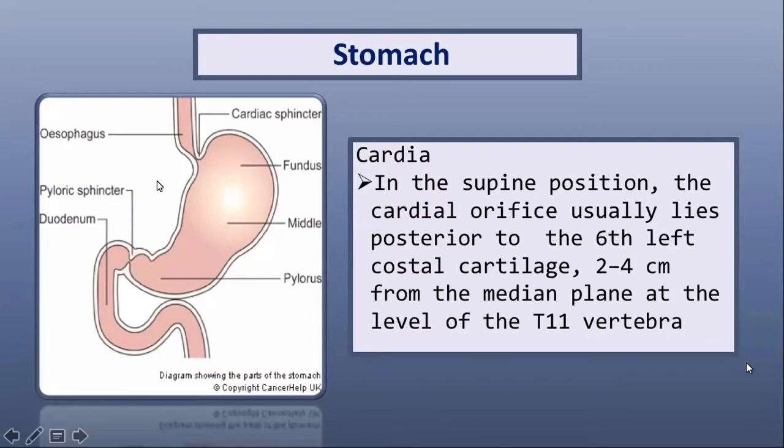That means the cardial orifice is located in that area. Okay, so that's your cardia. Related to your cardia would be your cardiac sphincter. This cardiac sphincter actually corresponds to your lower esophageal sphincter.